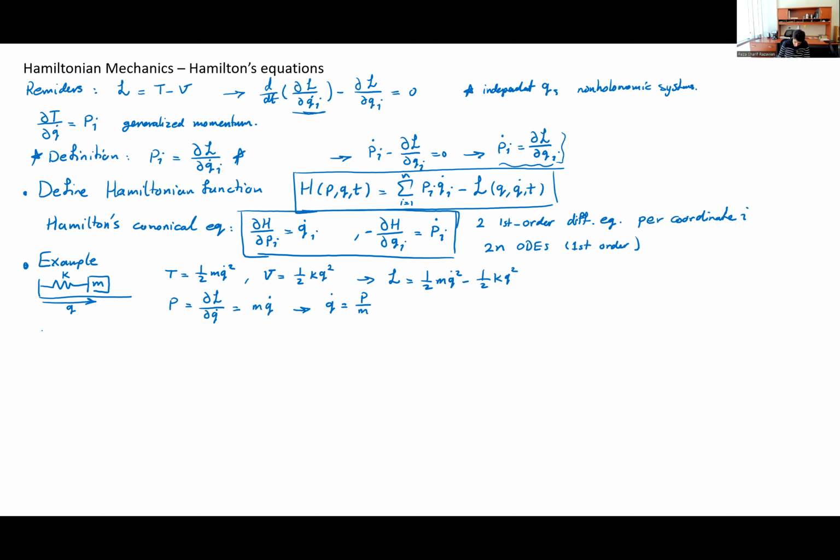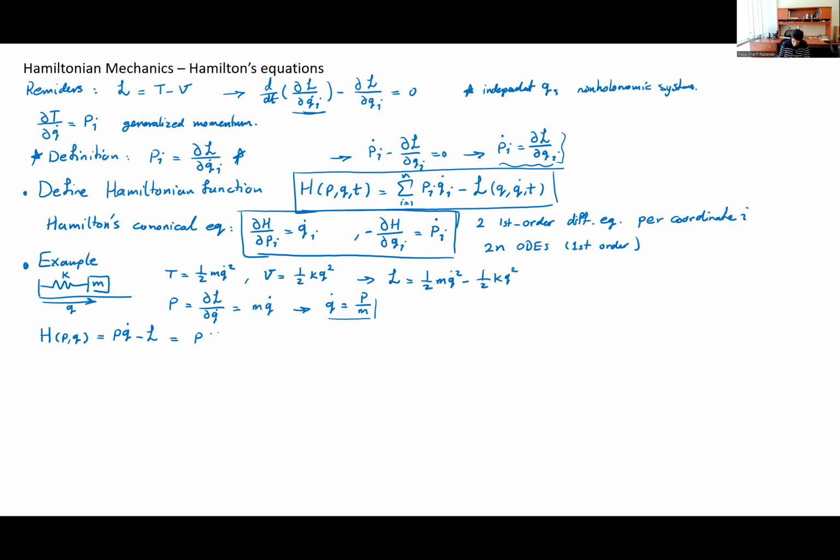So now I have this Hamiltonian as a function of p, q. I don't have t here, so my particular Hamiltonian in this example doesn't depend on time. Let me rewrite the definition. I don't have a summation either, so it's p q dot minus L. Now let's substitute this.